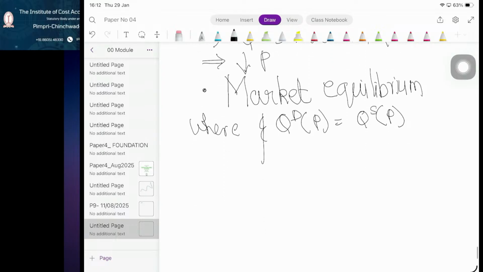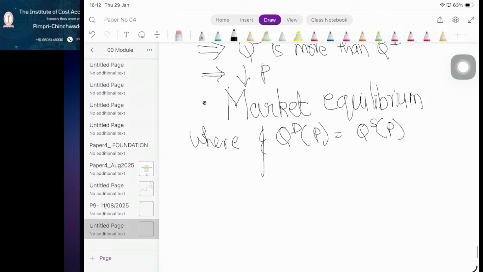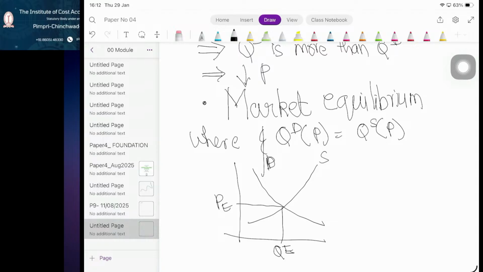This kind of a demand curve that we have drawn, quantity demanded and quantity supplied. This is the equilibrium price and this is the equilibrium quantity.